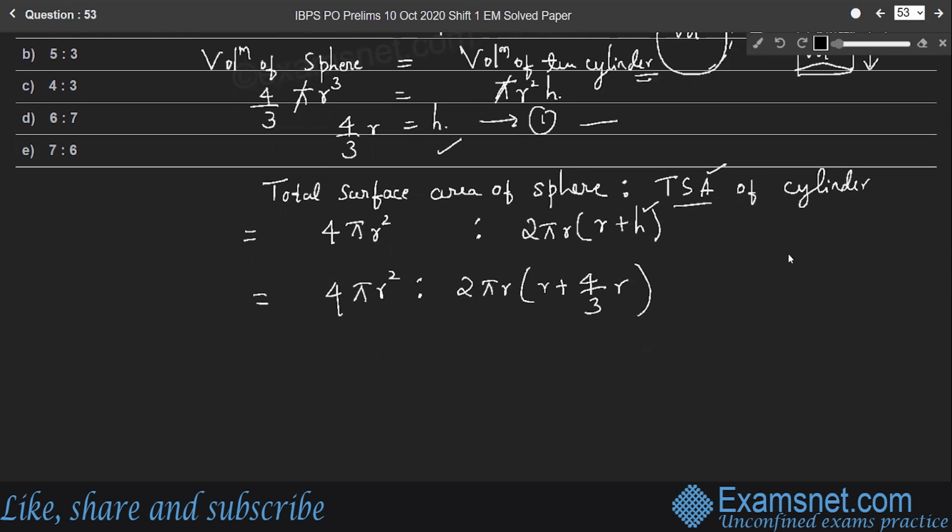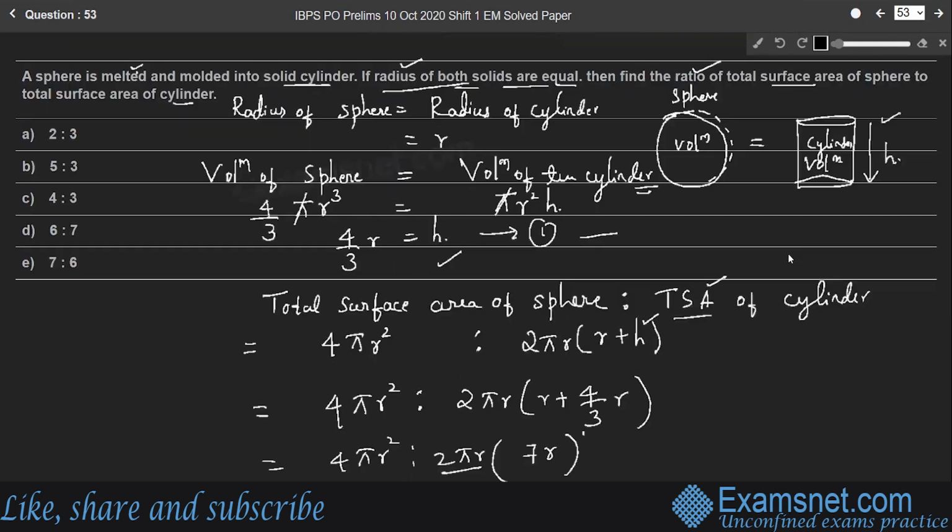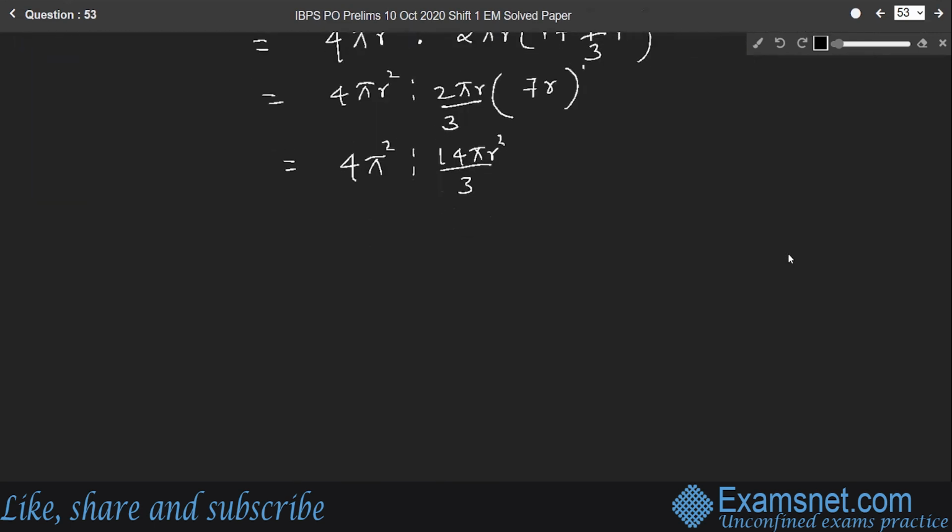Right? Therefore, 4πr² is to 2πr into, so 3 is common, you can take it out of the bracket. So it becomes 7r. Therefore, 4πr² is to 14πr²/3. Right? So what is asked in the question? A ratio of the total surface area of the sphere to the cylinder.